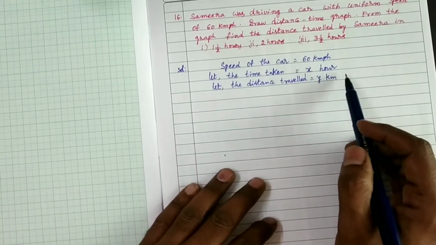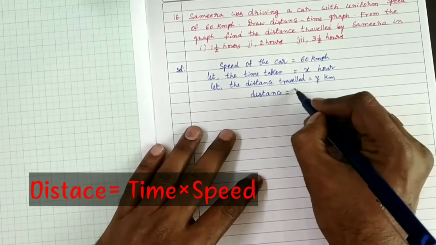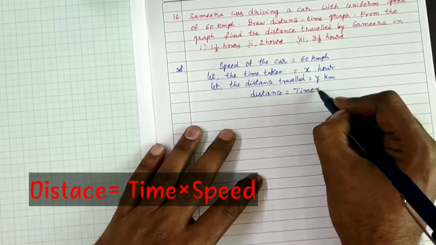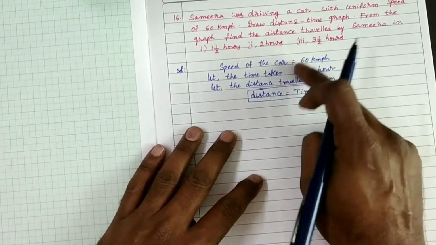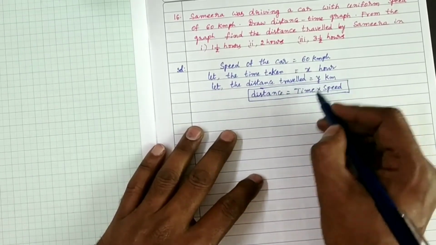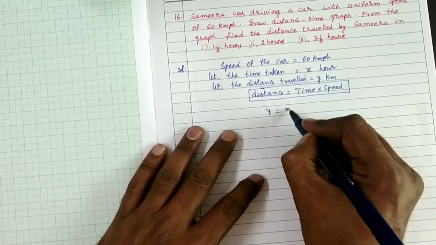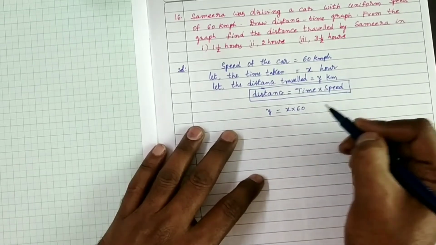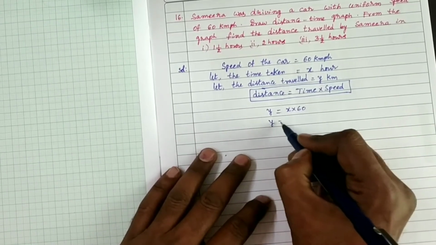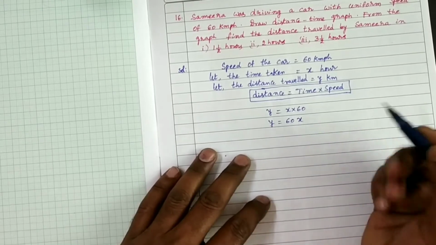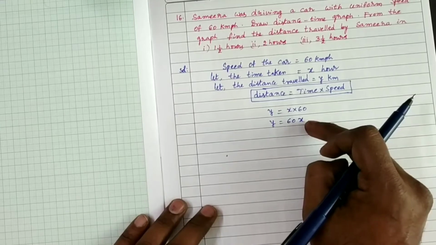The relation between speed, time and distance is distance equals time into speed. So from the above information, distance traveled is y kilometers and time is x hours into 60. So finally the form of the equation is y equals 60x. This is the required linear equation.